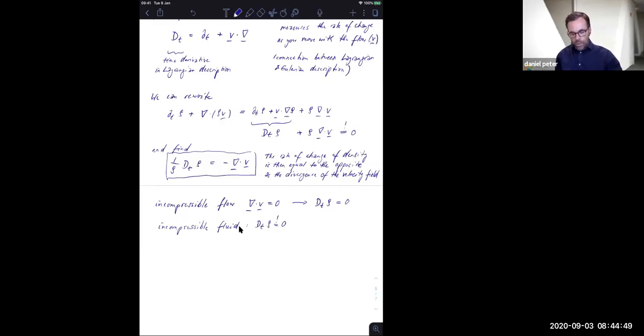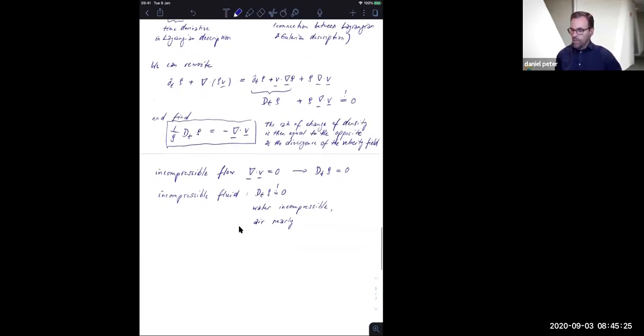Water, for example, we can consider as incompressible. For air, almost, nearly, not quite, because air is a little bit compressible, but not much, so it would be close to it.